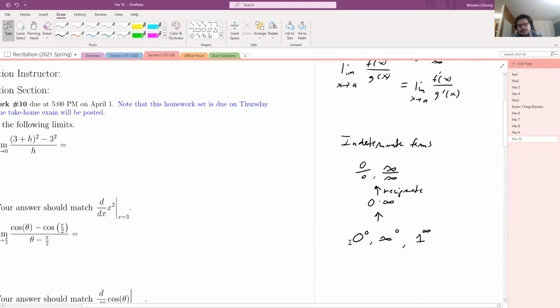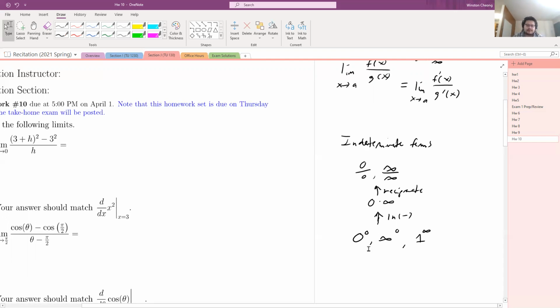I'm pretty sure that's right. The way that you go from any of these 3 to 0 times infinity is you take the logarithm, which pulls the exponent down. You take the log of the base, and it will convert into 0 times infinity. And that's how you remember those 3.